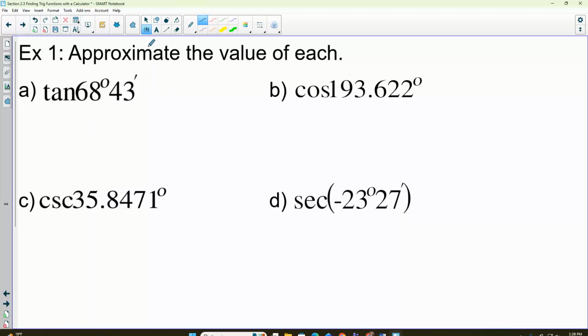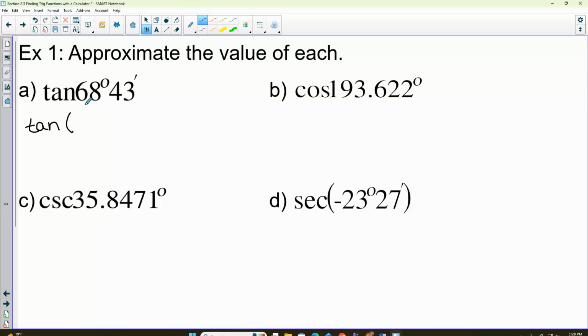All right, so we're just going to practice typing these in and make sure we can. So if I want the tangent of 68 degrees, 43 minutes. So we push the tangent button. When you push it, it opens a parenthesis, so we'll have to close it later.